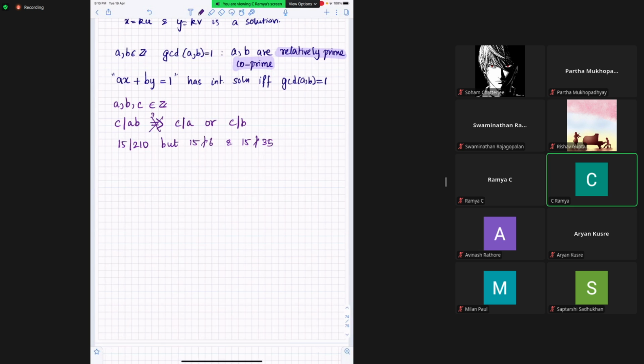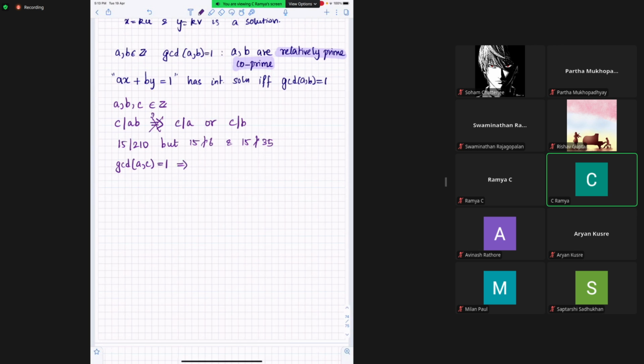But as he said, it might be that even when A and B are co-prime, this still might not hold. So one condition under which it holds is if the GCD of A and C is 1. So if the GCD of A and C is 1, what can we say?